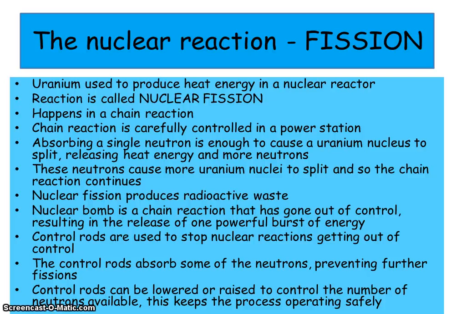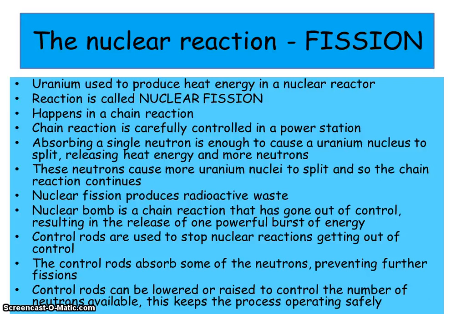So splitting a single atom doesn't release very much energy, not really enough energy to power the smallest of electrical devices. Instead, a very large number of nuclear fissions are needed. When uranium atoms are split, they release 2 or 3 neutrons. If there are enough uranium atoms in a sample of material, a chain reaction may start.